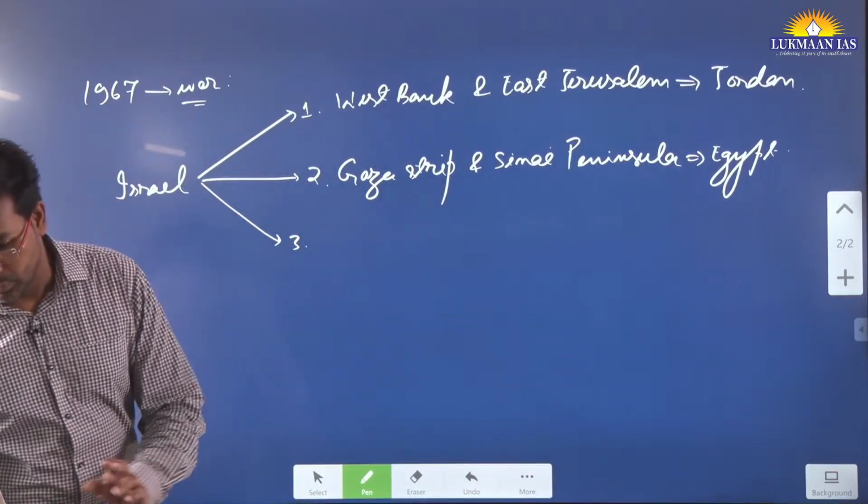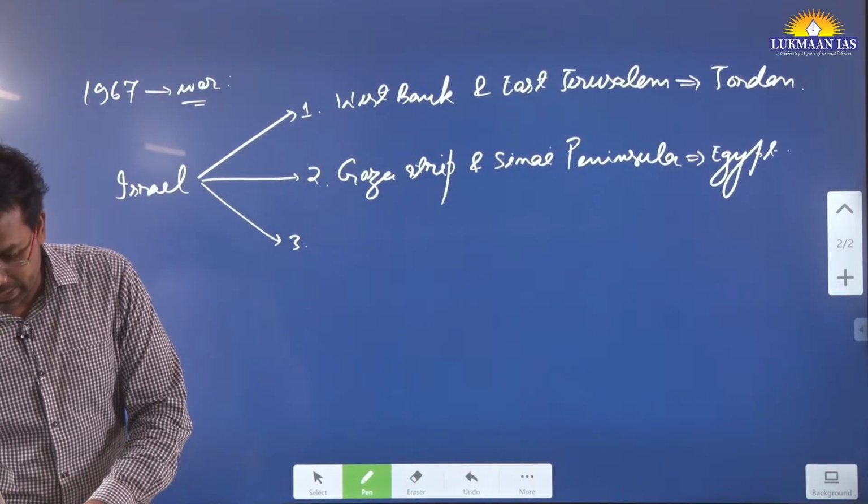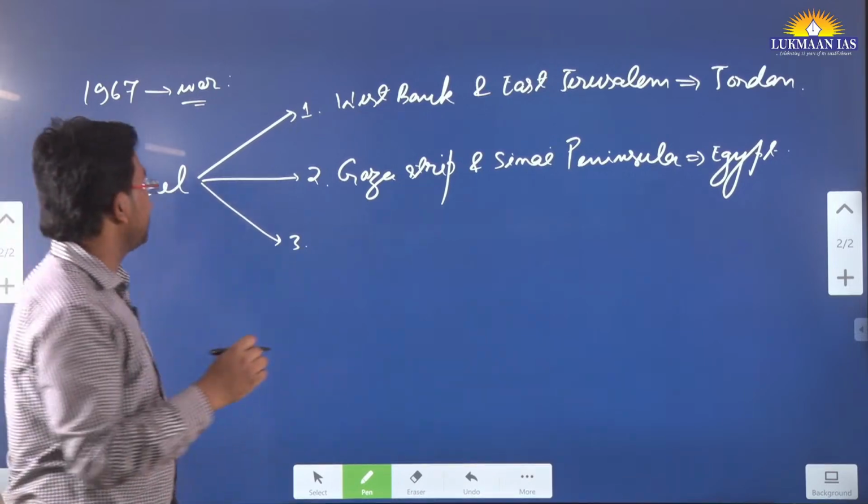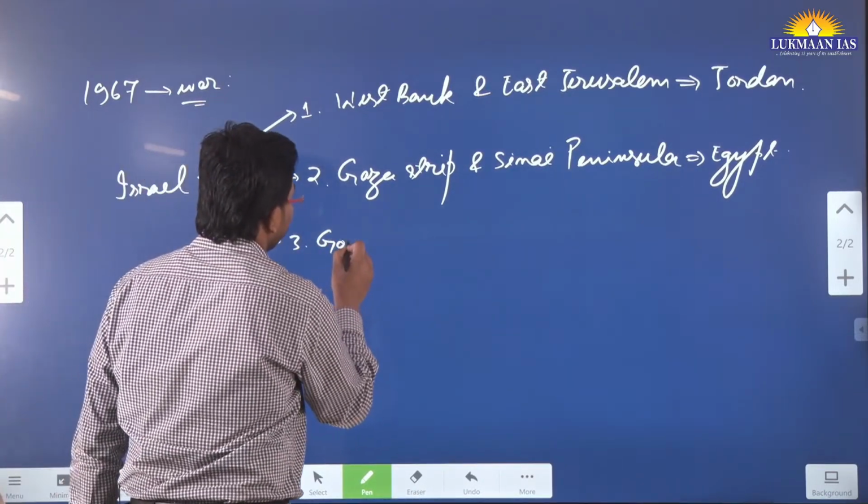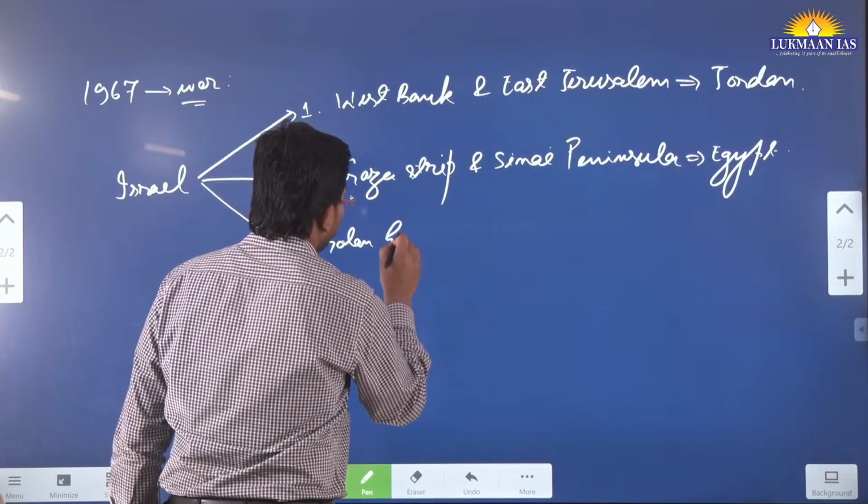Third, Israel captured the Golan Heights from Syria.